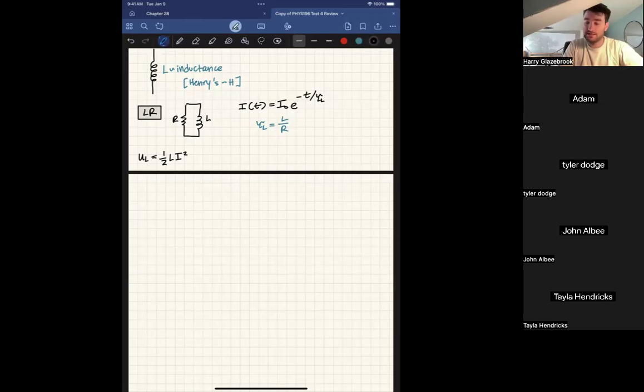And if you want to find the energy density, or the energy stored in the magnetic field across the inductor, because again, inductors work through magnetic fields and through induction, that's just 1 over 2 mu naught times magnetic field squared. So energy stored in B field.